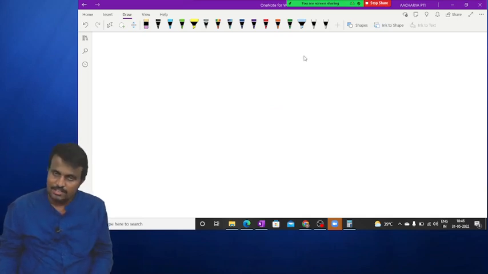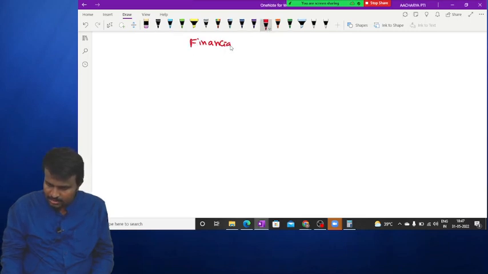So in the last class, we discussed accounting for financial assets, how a financial asset is recognized, the equity instrument.